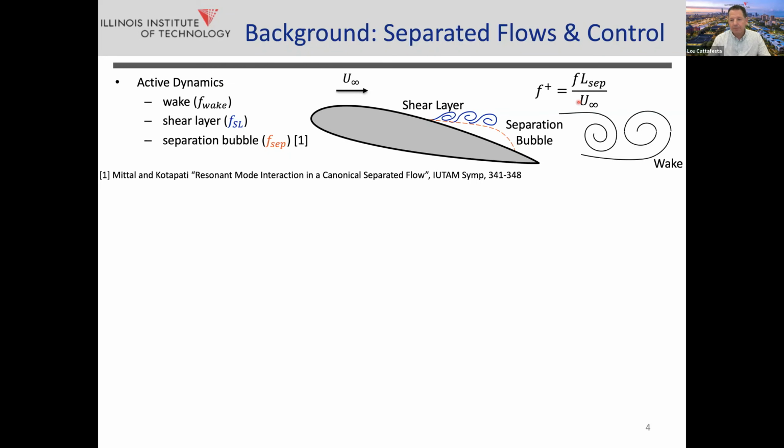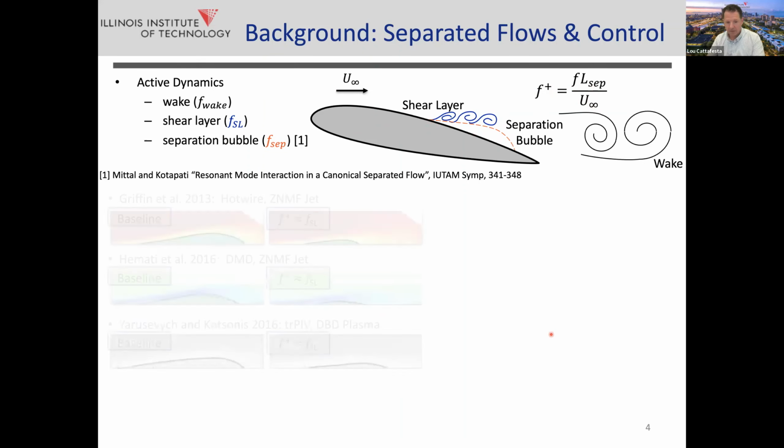So typically, these frequencies are non-dimensionalized into a Strouhal number. In the literature, this is often called F+. So it's F times some length scale associated with this. For example, the size or length of a separation bubble normalized by the approach velocity. And we're interested in controlling this thing through an interaction.